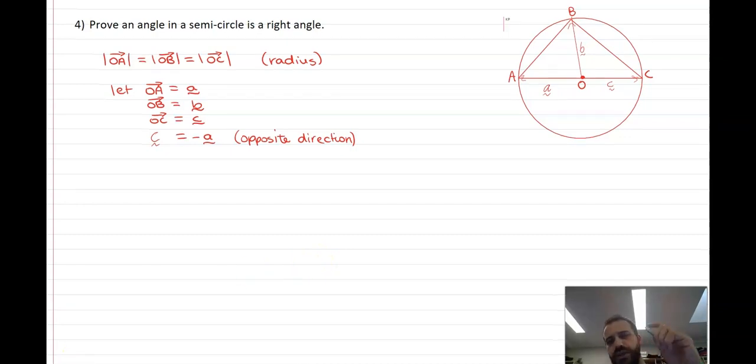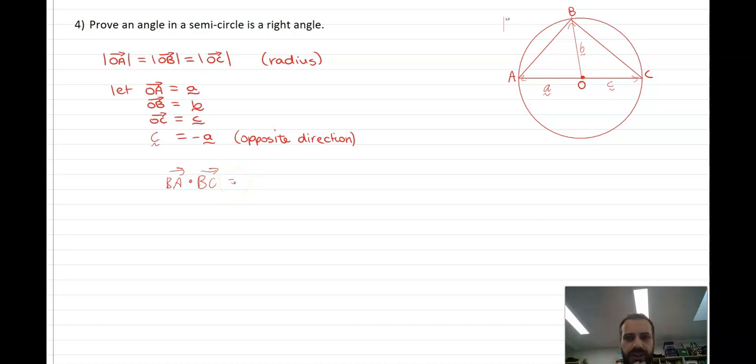Now I'm going to do the dot product between vector BA and BC. And right angles, dot products. If you're looking at right angles and vectors, you're talking about dot products. So we're going to say that vector BA dot product vector BC. Now we need to consider what those vectors are.